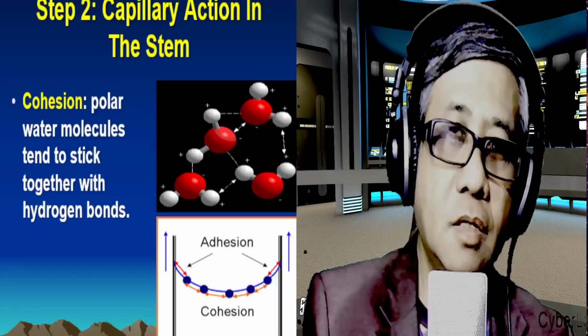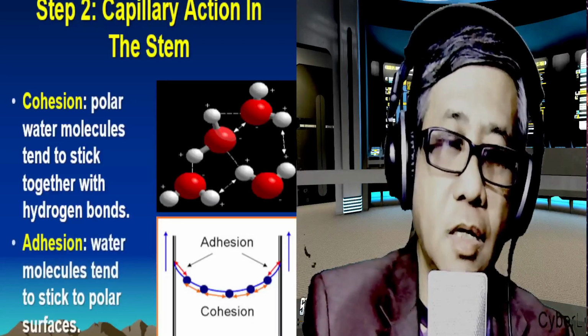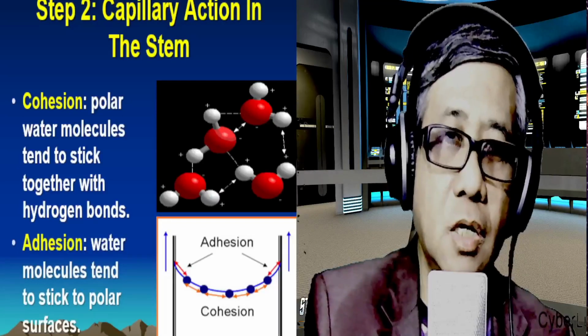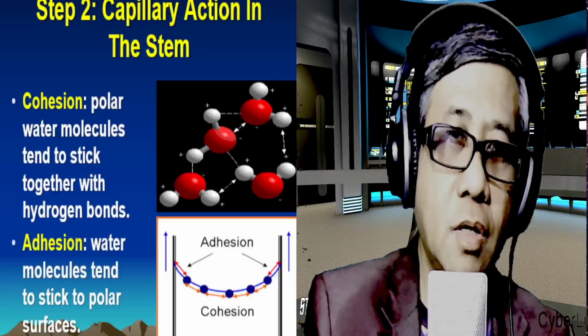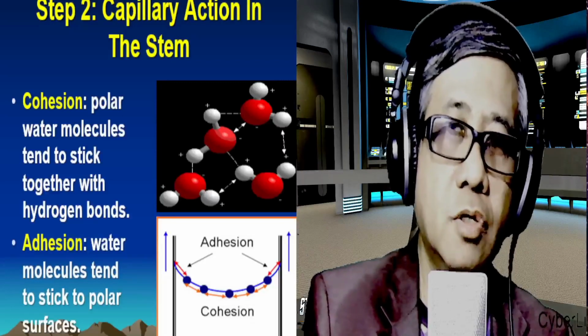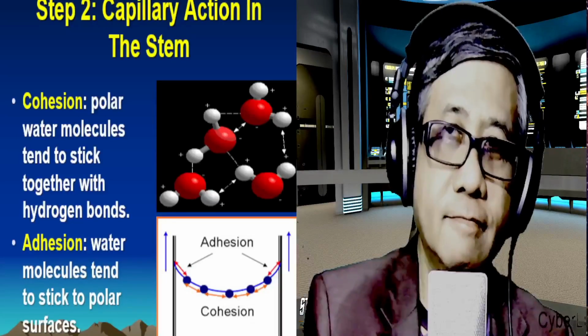Another mechanism involved in capillary action is adhesion. Adhesion is the attraction of unlike molecules. Like water molecules tend to be attracted to the walls of the xylem. Water molecules tend to stick to polar surfaces.